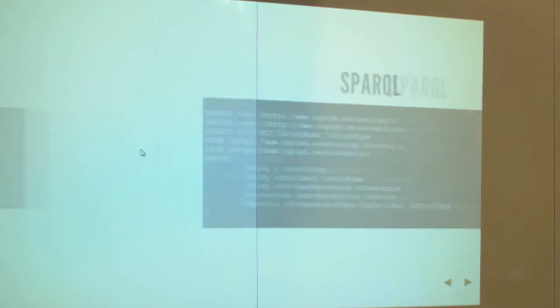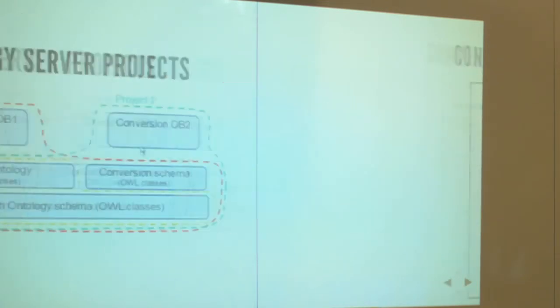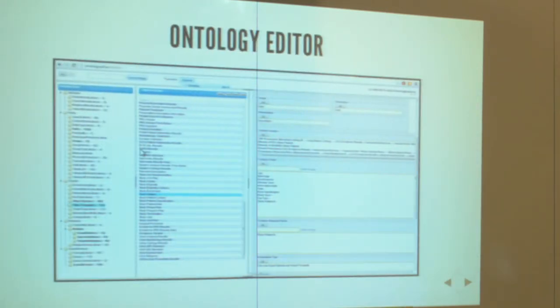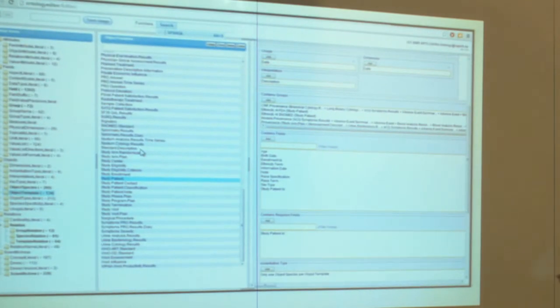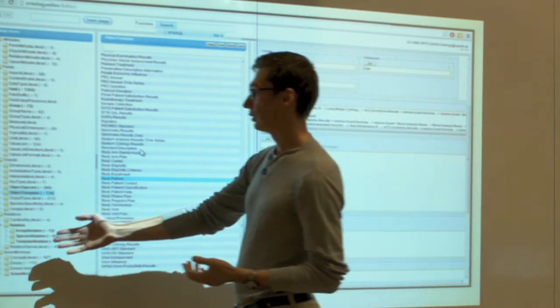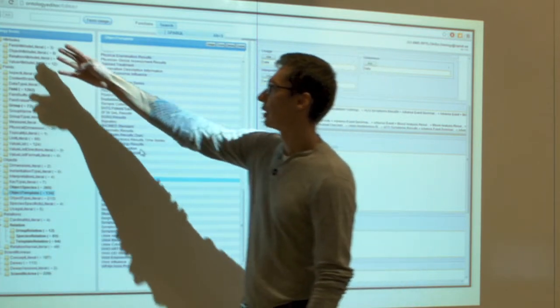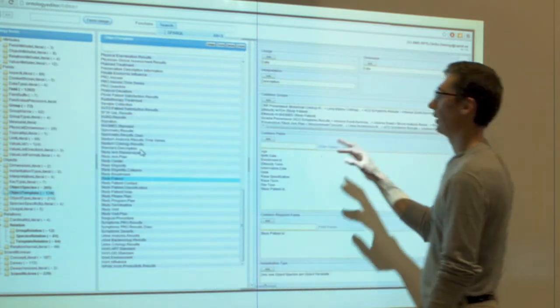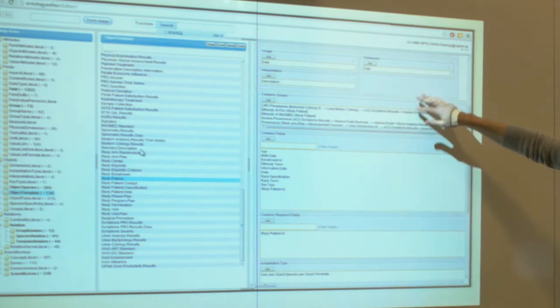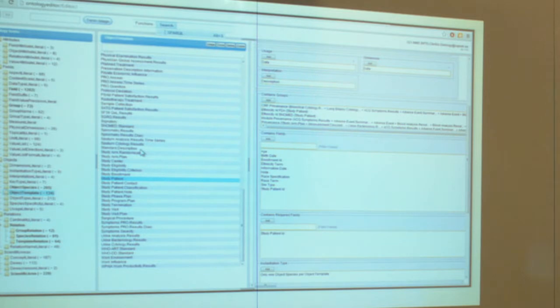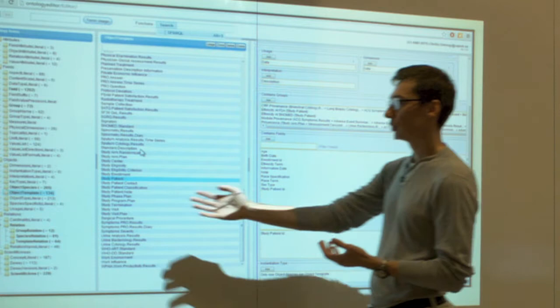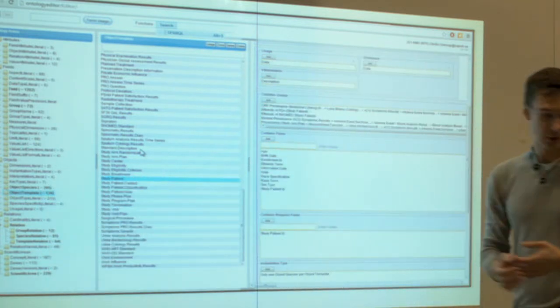And then the interface is driven by the whole ontology. So this list of folders and the widgets that pop up here are created on the fly by looking at the schema, the whole ontology, which is in the background here.